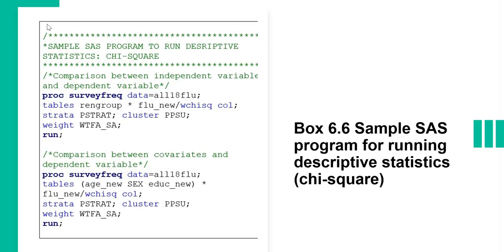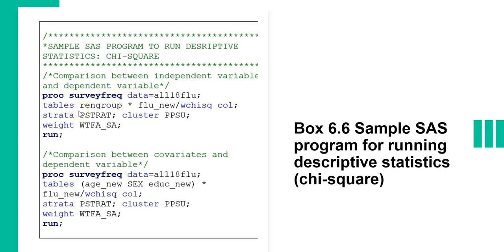Box 6.6 includes a sample SAS program for running the descriptive statistics, or the chi-square analysis. So starting off with the first part here, we have the comparison between the independent variable and dependent variable. Our procedure is proc surveyfreq. Then we list the name of the data file.